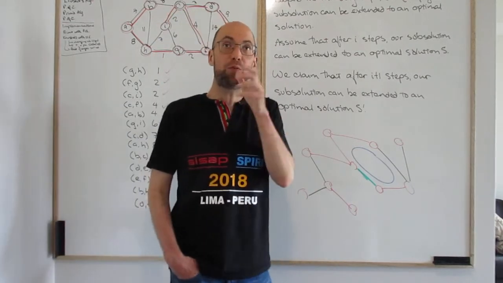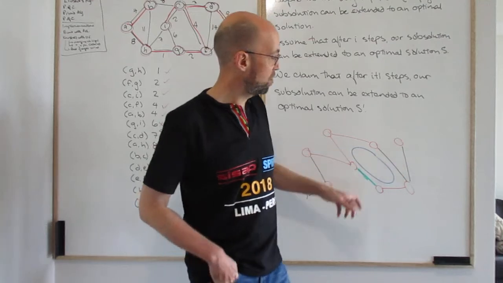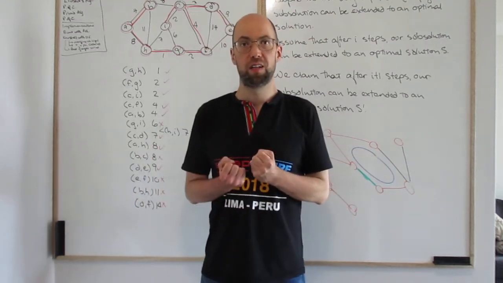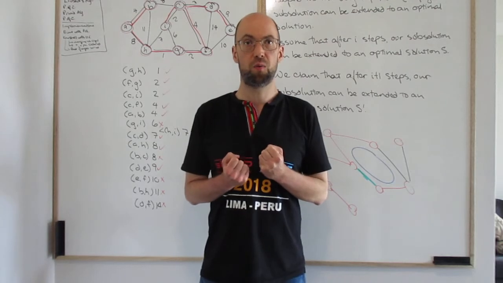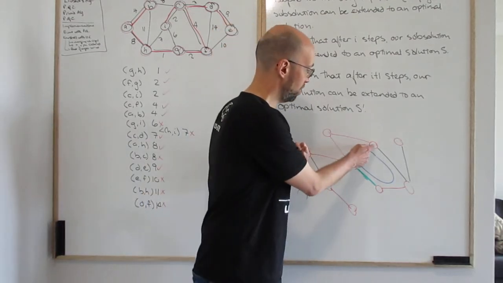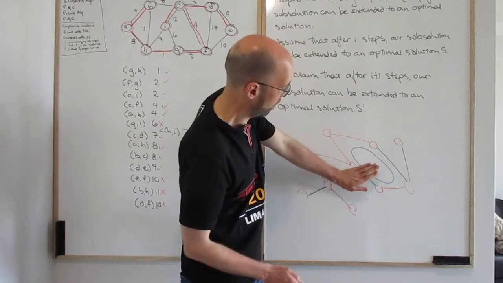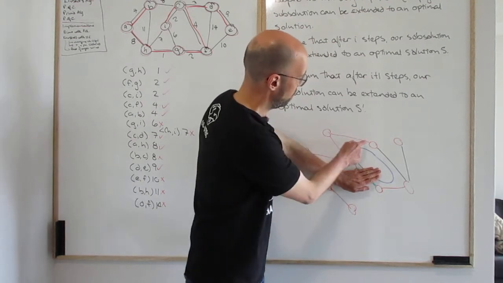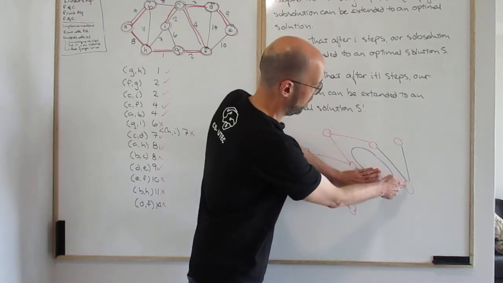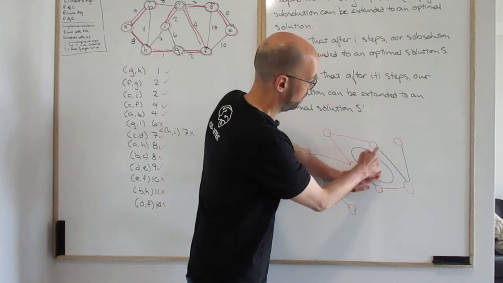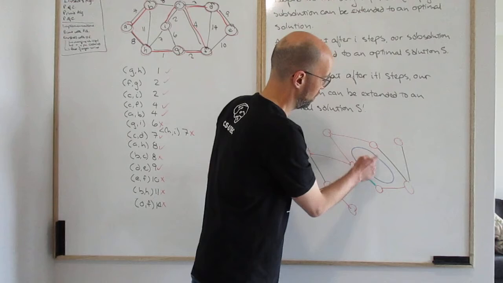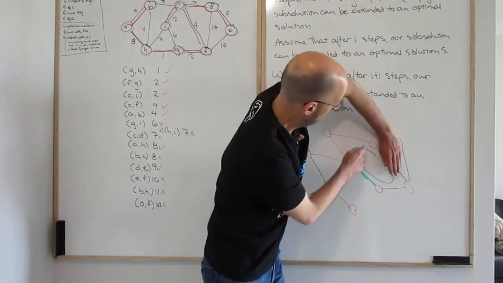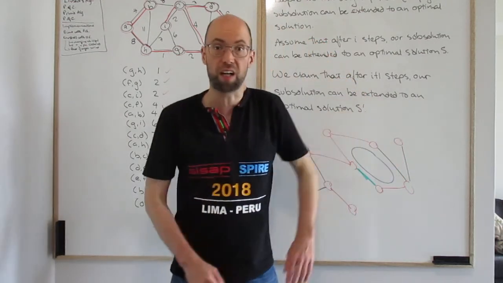So, if we take that edge and we remove it, the graph remains connected. Why? Because if we didn't have the green edge, then we need that edge to get from here to here, or wherever. But if we put in the green edge, we can still get from this endpoint to this endpoint by going around and over the green edge, right?